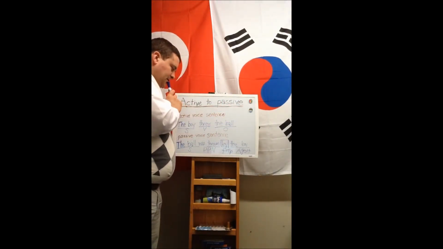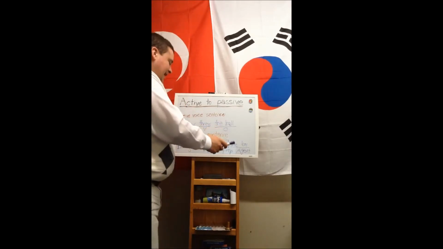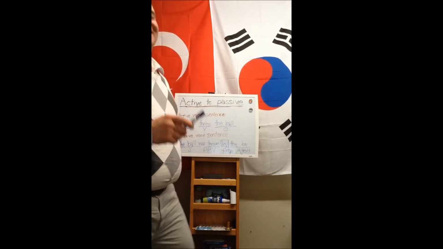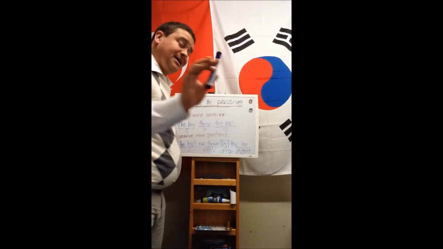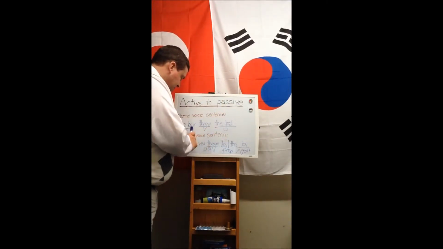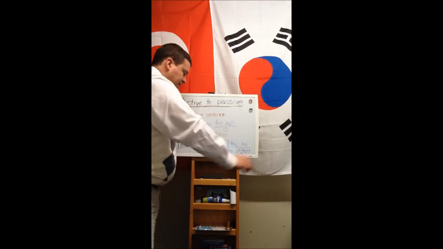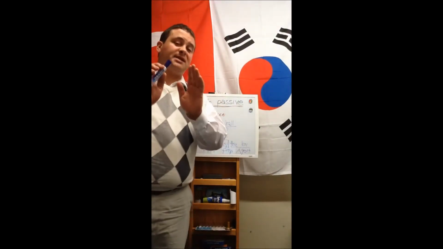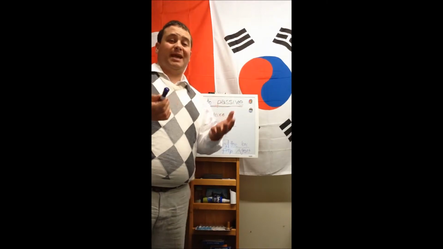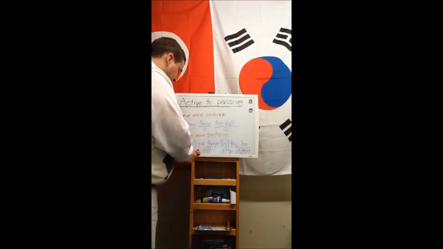Last of all, well, second to last, we have our subject, the boy, which is the subject in the active sentence. When we take this subject, we're going to move the subject boy to the end. And we're going to make it into the agent. The agent of a passive voice sentence is the person that's performing the action, because we can't have two subjects in a passive voice sentence.